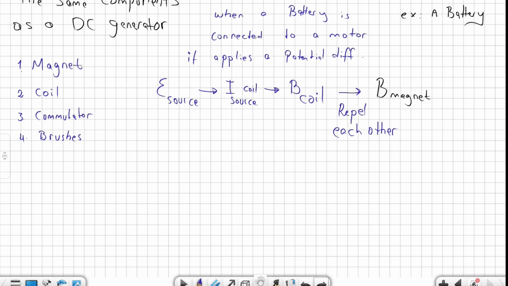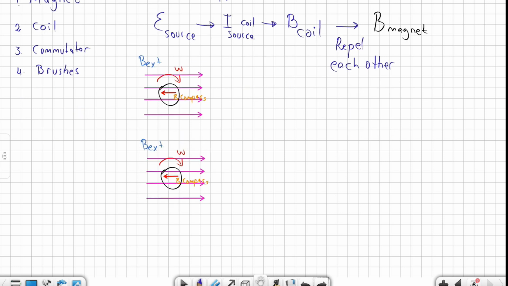But first, let's remember the compass. If you remember, when we insert a compass inside an external field, the compass will rotate until it has the same direction as the external magnetic field. When it has the same direction, it will stop and not rotate anymore.